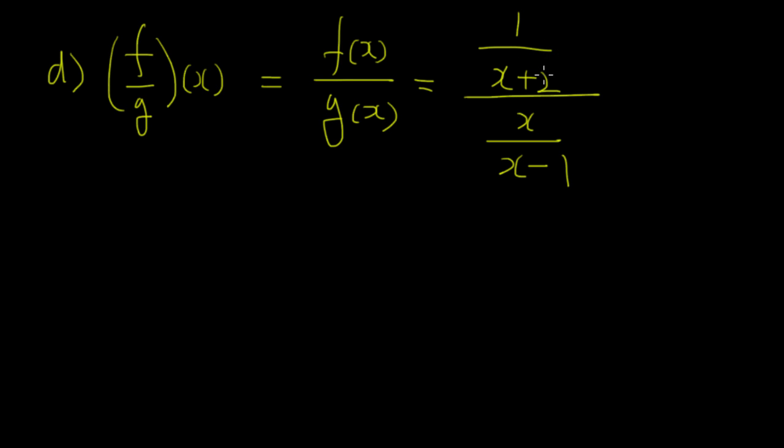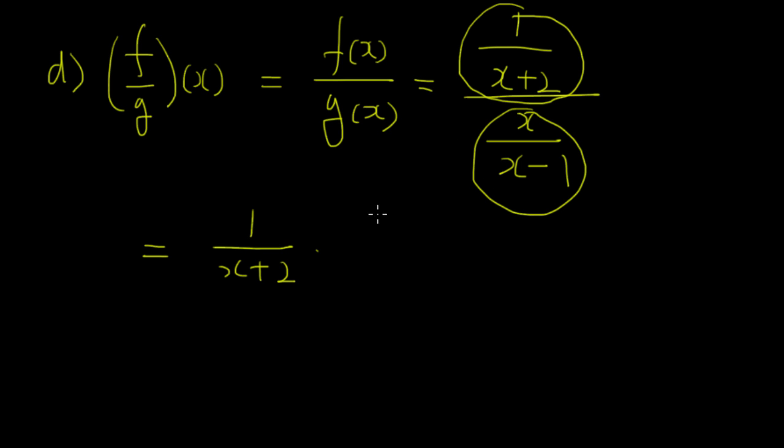When you have a fraction over a fraction, the trick is you put this top part right here, 1 over x plus 2, and then you put the bottom part right here and make it a multiplication, but you have to flip the top and the bottom. So this becomes x minus 1 over x. Notice that this has been flipped here, right?